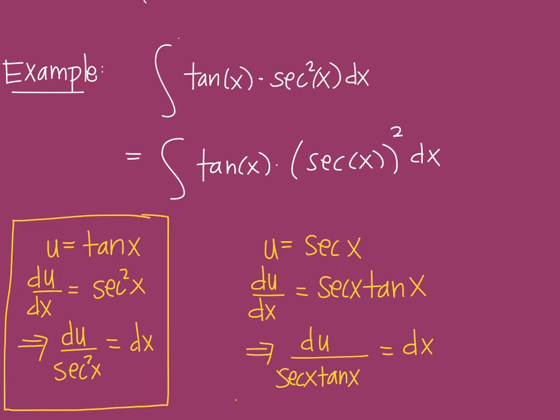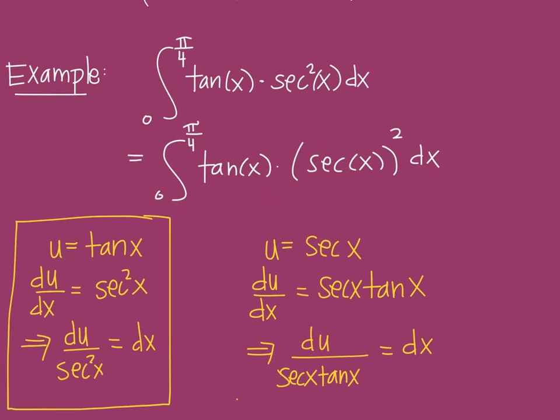Okay, now, let's also consider that this has bounds. So go back to your example and add 0 and add pi fourths as your bounds. When you do a u substitution on a problem with bounds, you have to take each bound and convert it to its corresponding value in the u substitution.